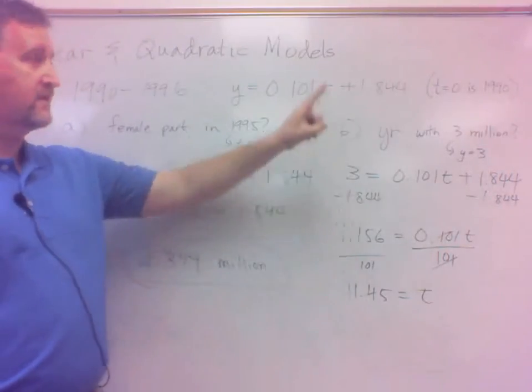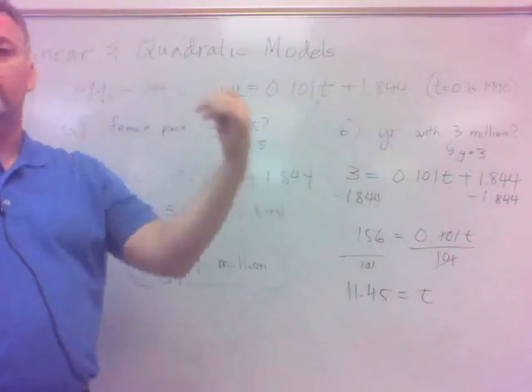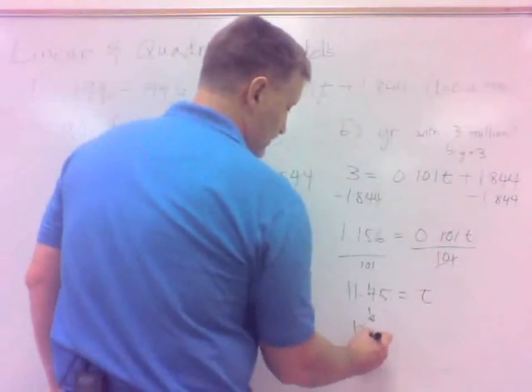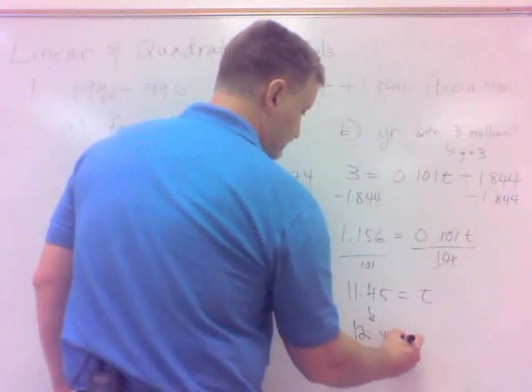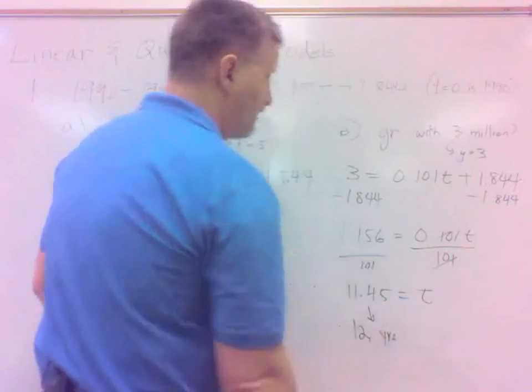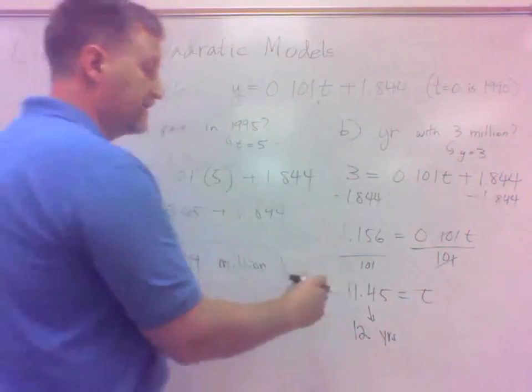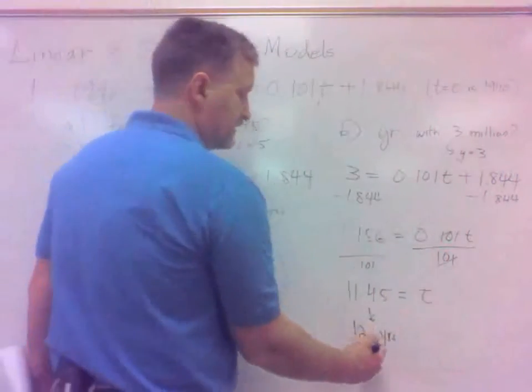So wouldn't that mean in the model I would need to go up to 12 years? So in 12 years from 1990, I would be reaching 3 million. 11 wouldn't quite get me there.